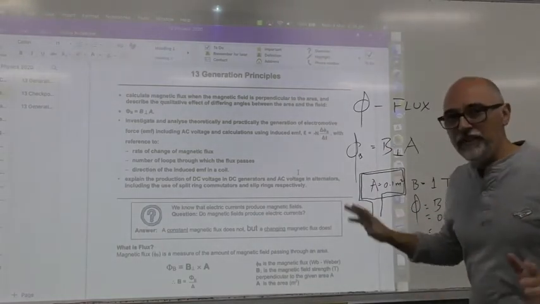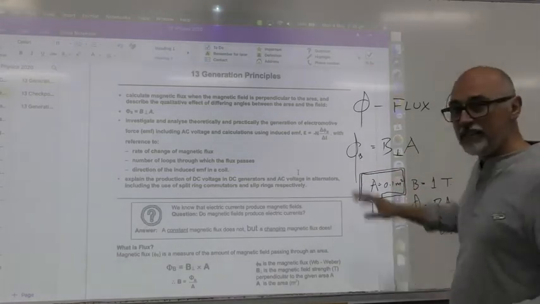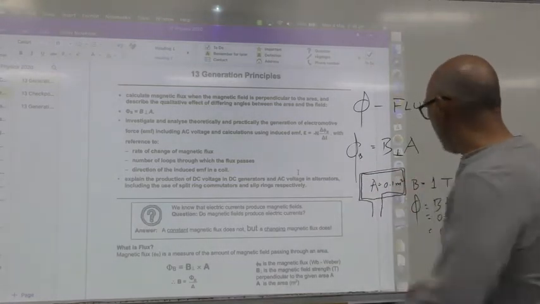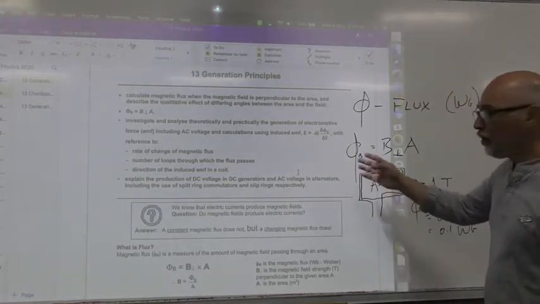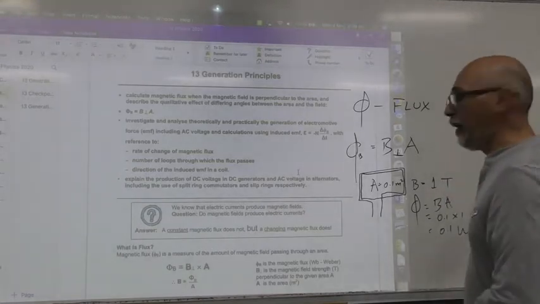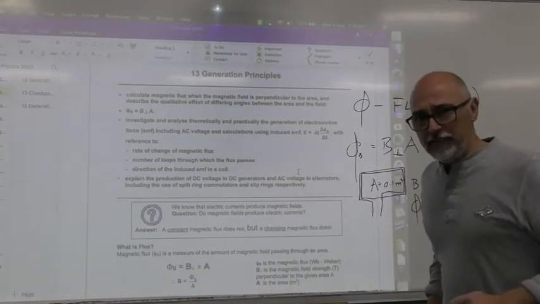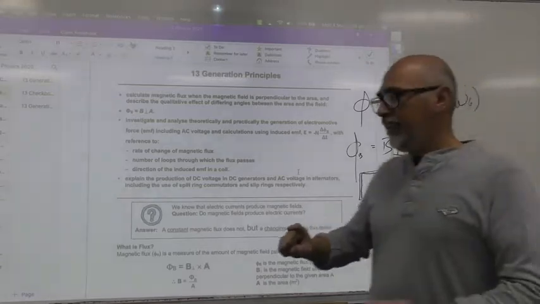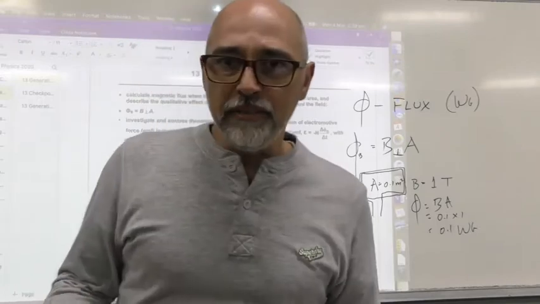The cross-sectional area is still 0.1 meters squared, the field is still 1 Tesla, the amount of flux threading that loop is still 0.1 Weber. That's it.